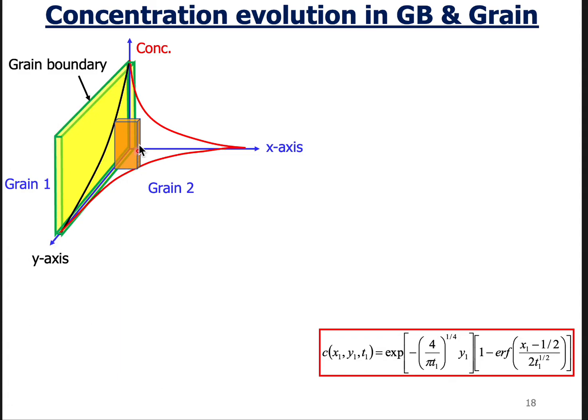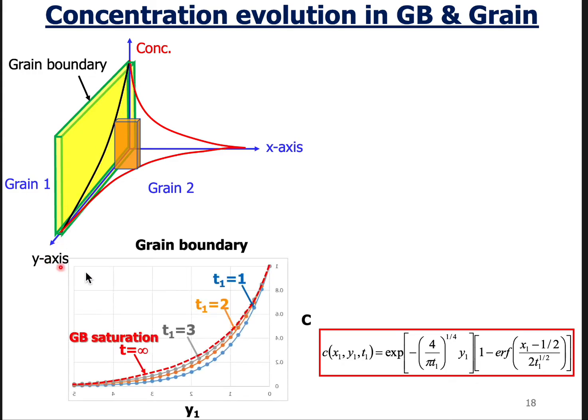First of all, I want to plot the Cb as a function of y1 and time. You just put it in, and the vertical axis is the concentration of diffusing atoms, diffusion sources, and y1 is along this one.